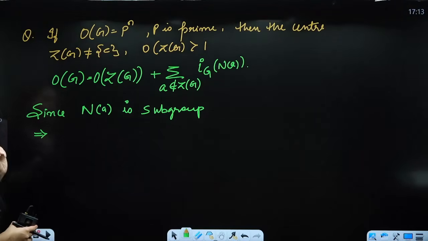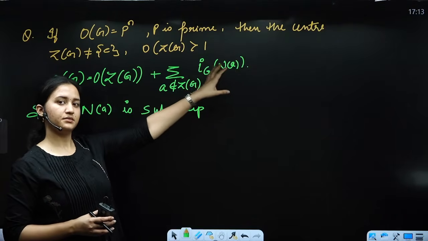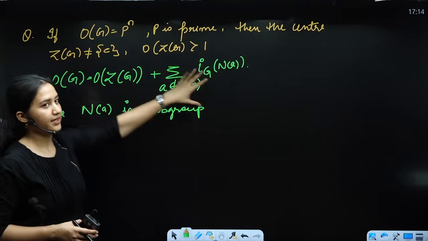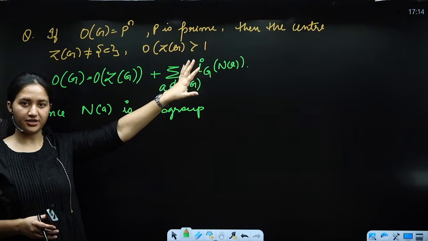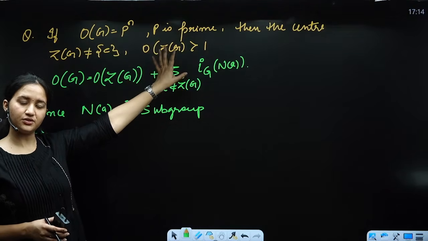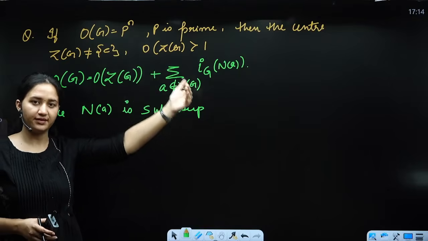Acha, understand this, that normalizer of A is not going to be equals to G. Why? Because अगर ऐसा होता है, right, तो ZG is equals to p raised to the power n आ जाएगा, right? अभी फिलहाल we want to prove that the order of ZG is just greater than 1, right?